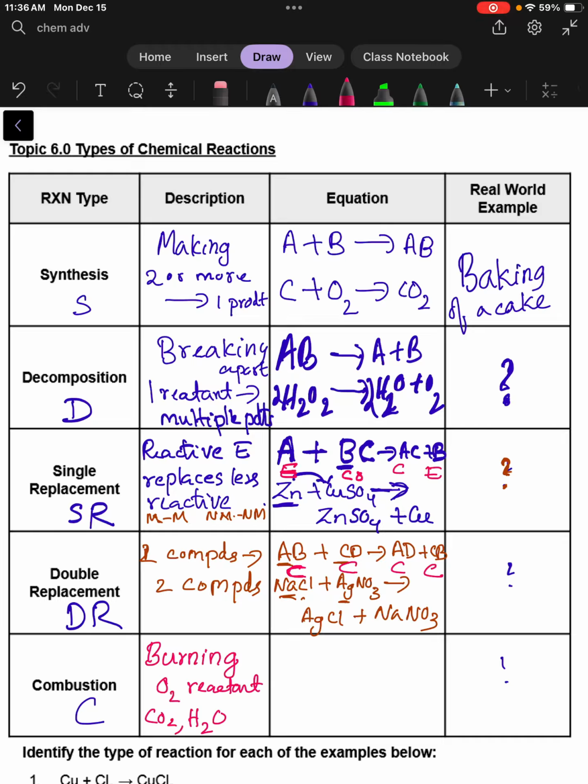So whenever you see these three, you will identify that as a combustion. Say for example, methane gas as a fuel burning in oxygen will form carbon dioxide and water. To balance that, that is called combustion. This is how you are identifying it. If you see these three, that is considered combustion.